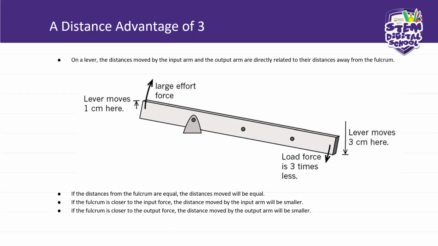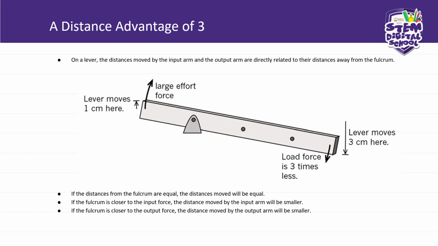The seesaw has a fulcrum right in the middle of the lever, but not all levers are like that. If the fulcrum is closer to the input force, the distance moved by the input arm will be smaller. If the fulcrum is closer to the output force, the distance moved by the output arm will be smaller.